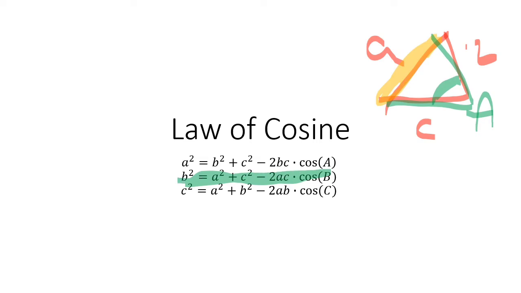And then if you read the third one, it's the same thing. If I'm starting off with c squared, it's the other two sides squared added together, minus 2 times the other two sides times cosine of the same angle that you started with. So that's the law of cosine, written three different ways.